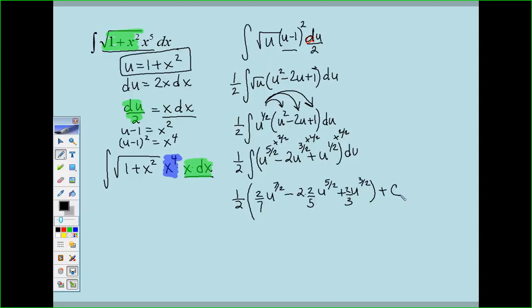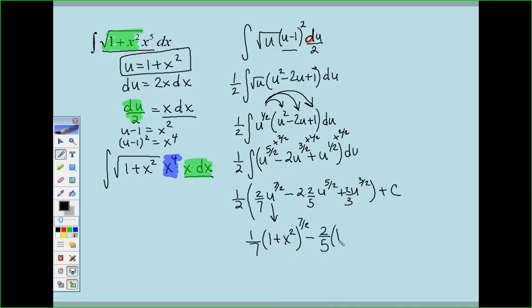So when we multiply by the first term, we'd get 2/14, so it would reduce to 1/7. And u is 1 plus x squared. So let's make that replacement to the 7/2. Minus, now we have 4/5 times 1/2, so we'd be left with 2/5.